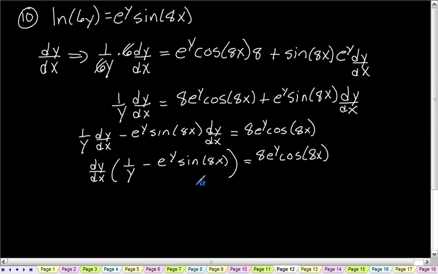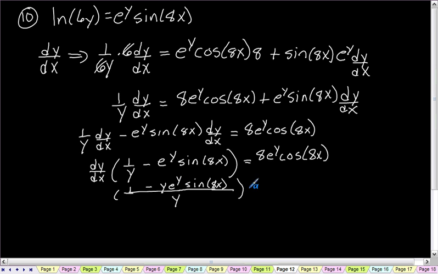That means I'm multiplying it by 1. If I do that, I'm left with on the inside 1 over y, minus y e to the y sine x, all over y. It's an old math trick. You're allowed to do that. If you change this back, the y's cancel out, and that stays the same.